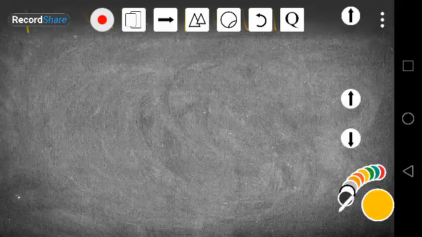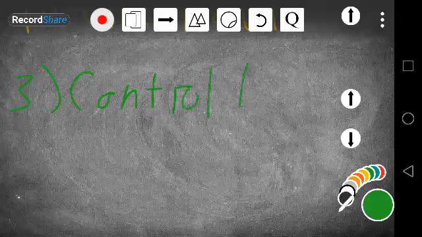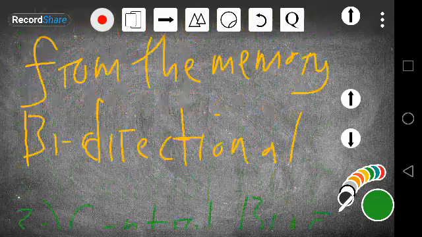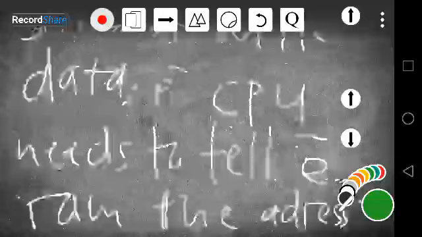We move on to the last type of bus. Let me change the pen once again. Let me use green. It is called the control bus. Now, control bus. Let me write the arrow for the control bus.